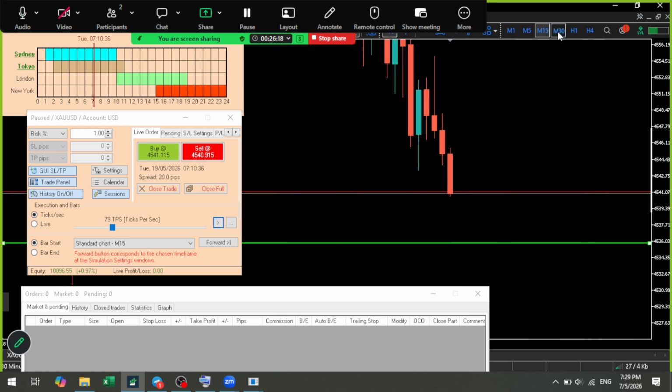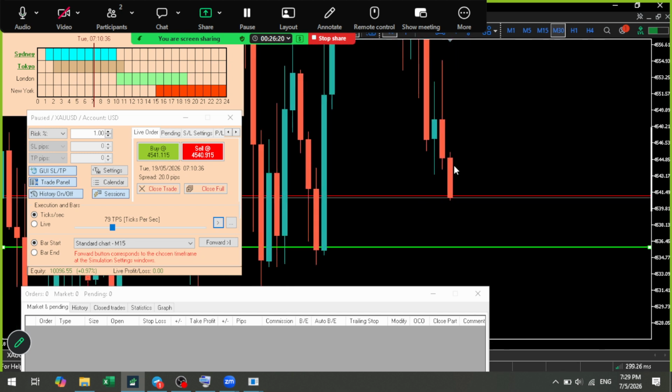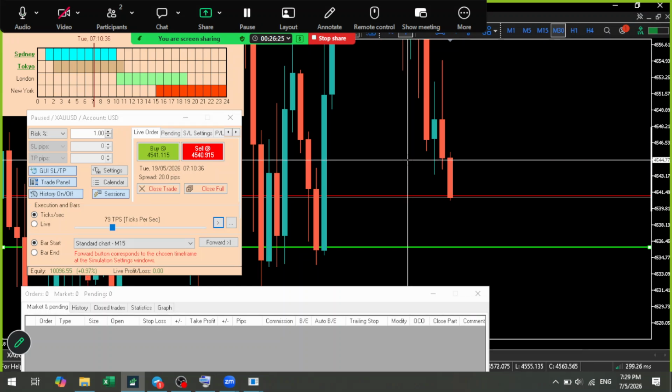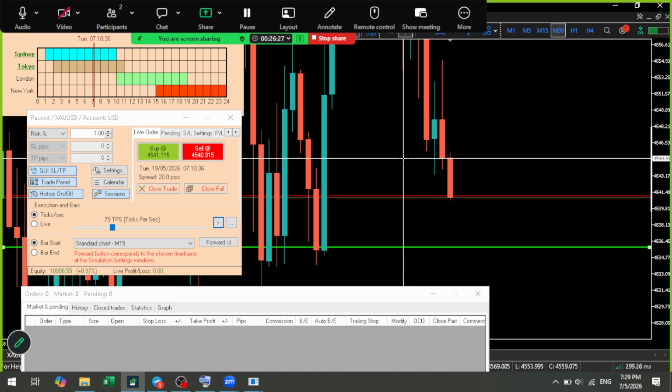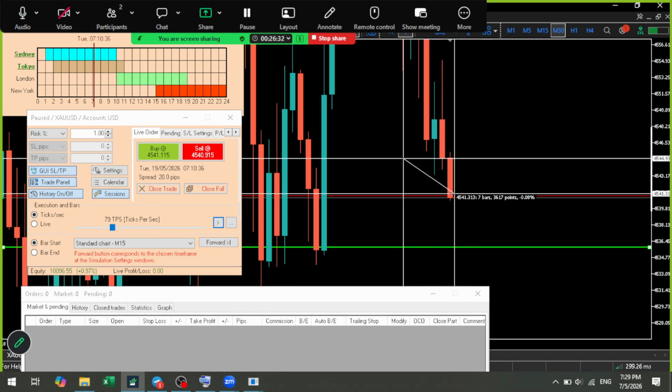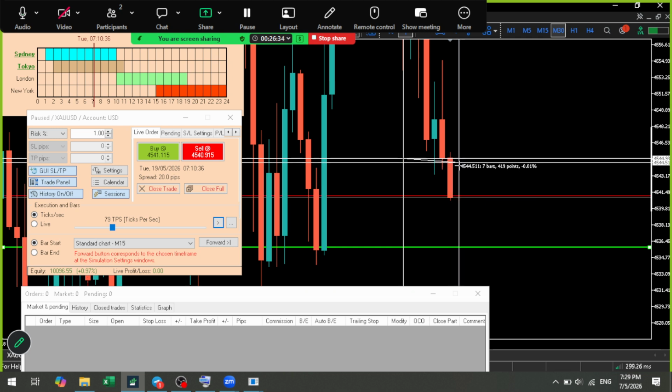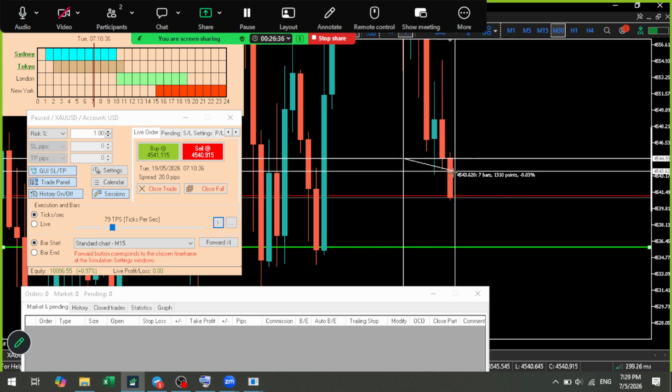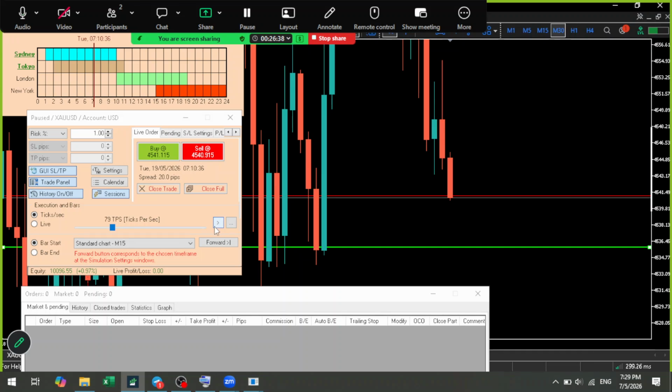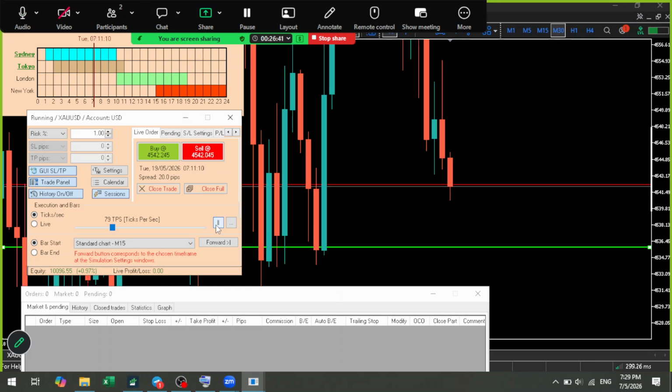And even if we treat this candle open as a zone or a range, price is currently here, and that is 36 pips away from that open price. I don't think we should execute at this point. This same scenario, if it happened here or here, we would have executed, but not now.